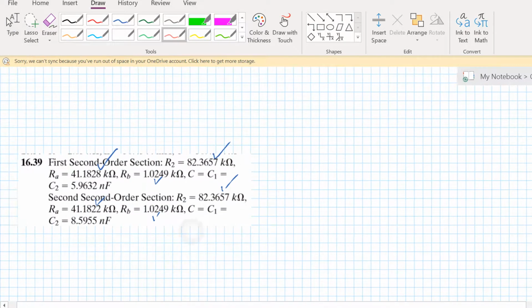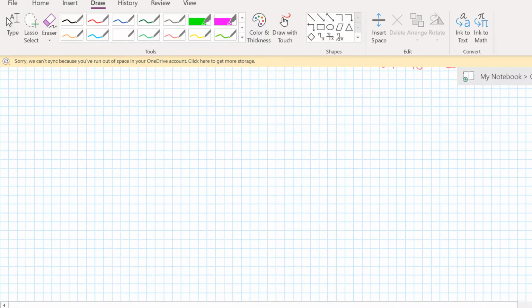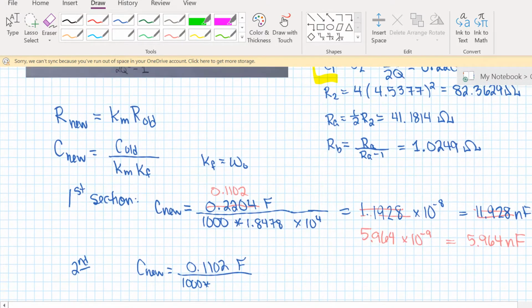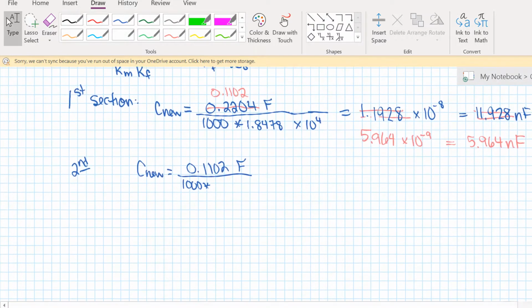Okay, close. That was for the first section. And then for the second section, our omega naught changed. So this is 0.1102 farads divided by 1,000 times the omega naught for the second section, which was 1.2819 times 10 to the fourth.